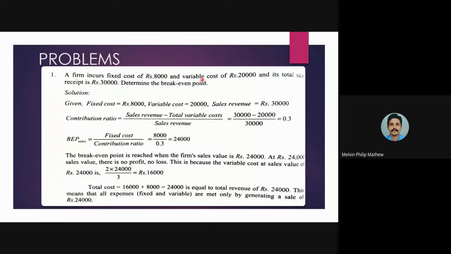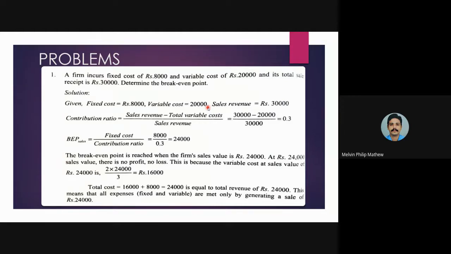Then what is the next given data? Variable cost. Yes, variable cost, denoted by small letter V. Write down: variable cost, small letter V, is equal to rupees 20,000.